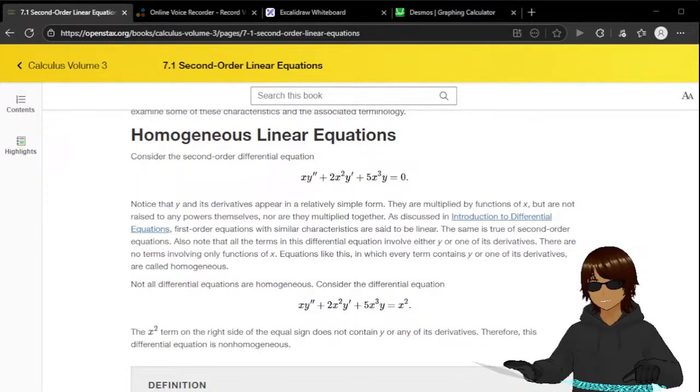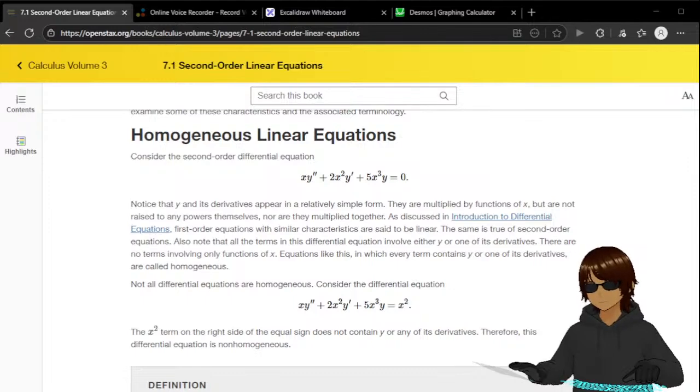Also note that all the terms in this differential equation involve either y or one of its derivatives. There are no terms involving only functions of x. Equations like this, in which every term contains y or one of its derivatives, are called homogeneous.